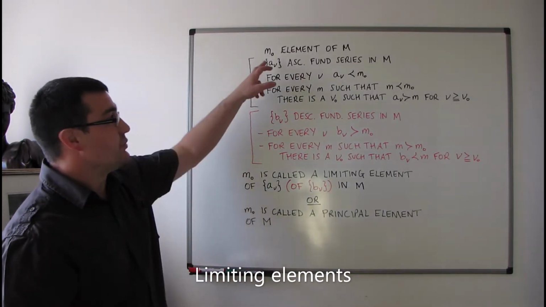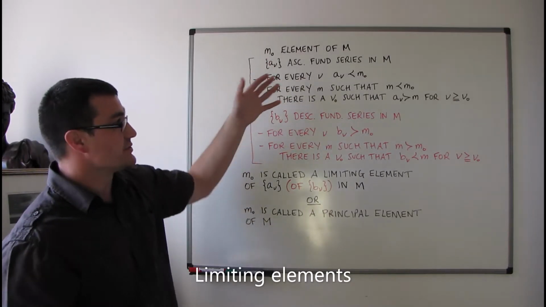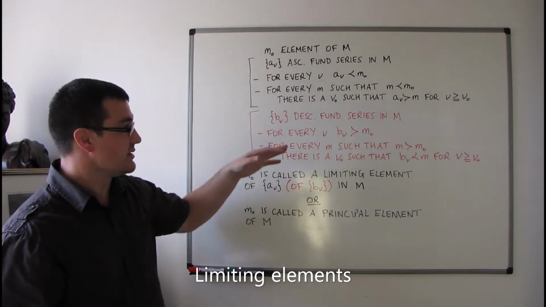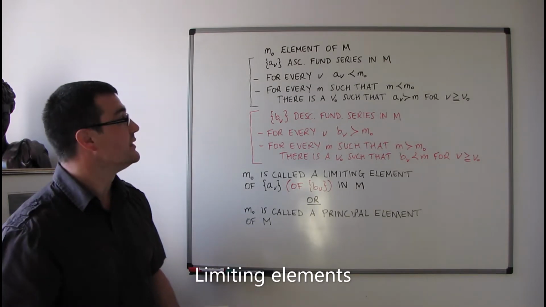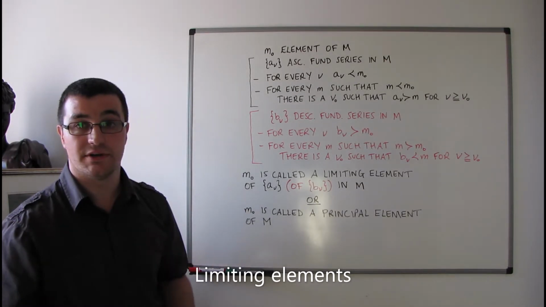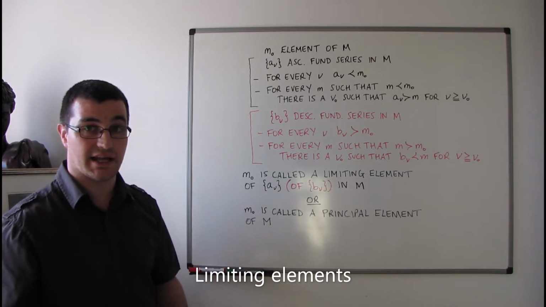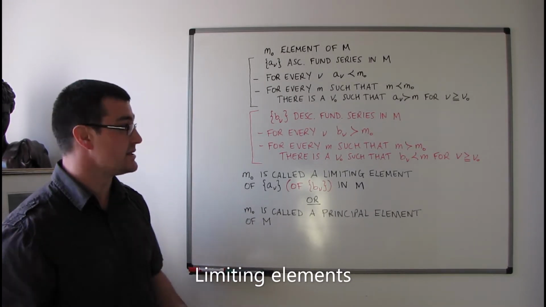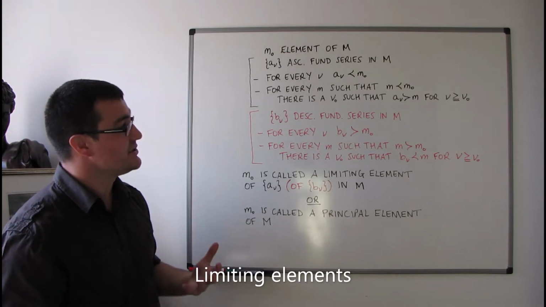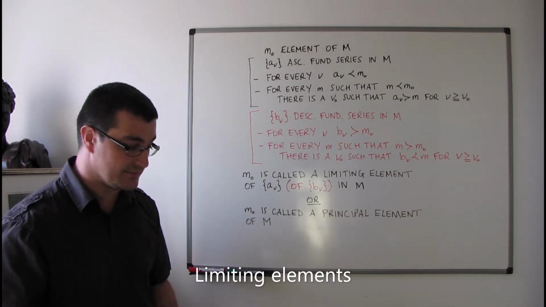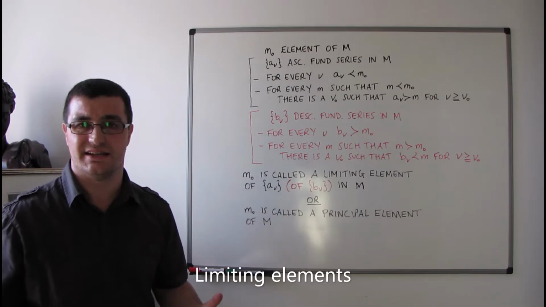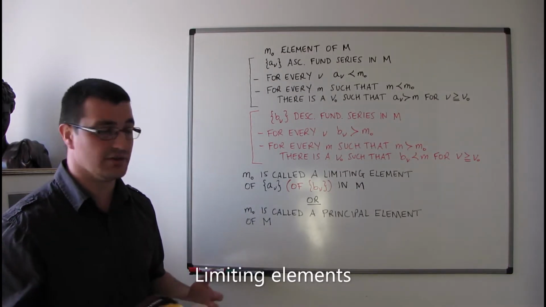There's no guarantee that there will be such an M naught, so just because we've got a fundamental series, ascending or descending, doesn't mean that it will have a limiting element. However, if an ascending or descending fundamental series in M does have a limiting element, that limiting element is going to be unique.